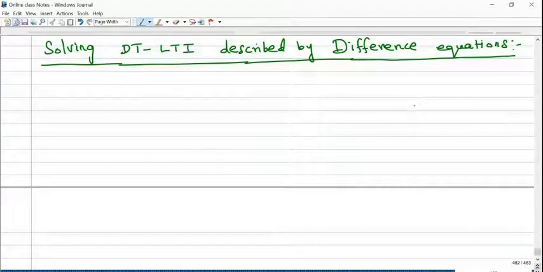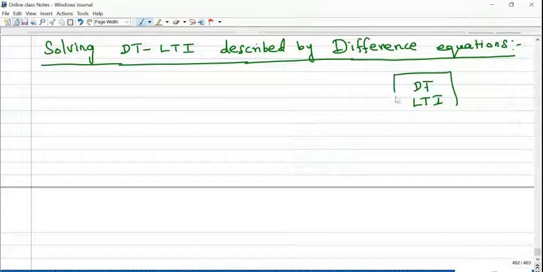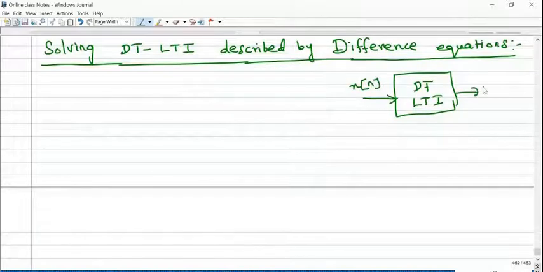Similarly, a discrete time LTI system. What is a discrete time LTI system? The input to the system is, say, x of n, the output of the system is y of n, and the impulse response of the system is h of n.